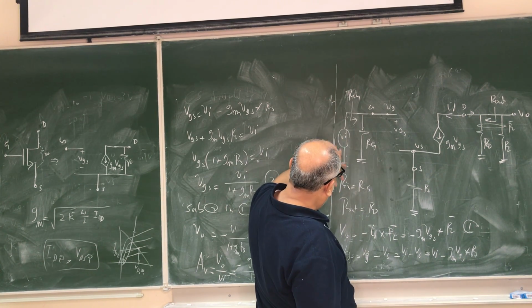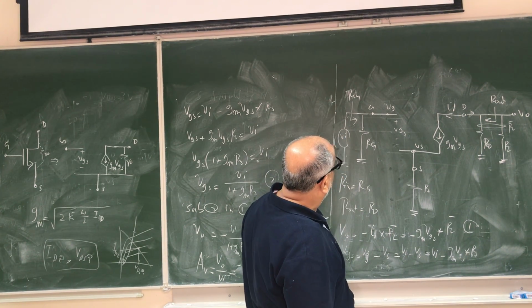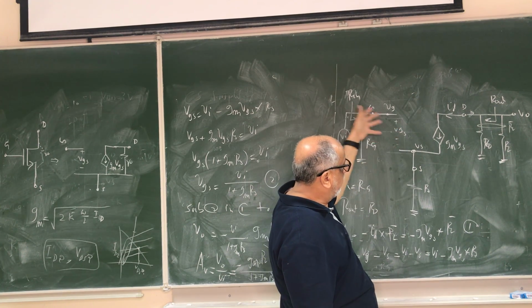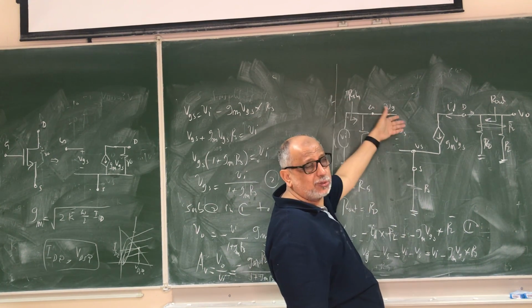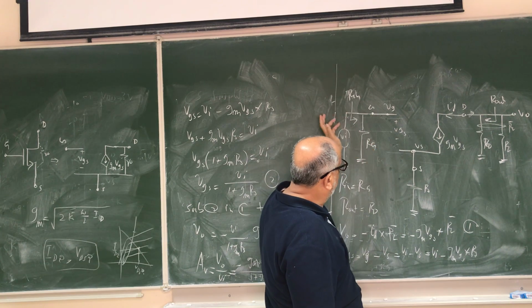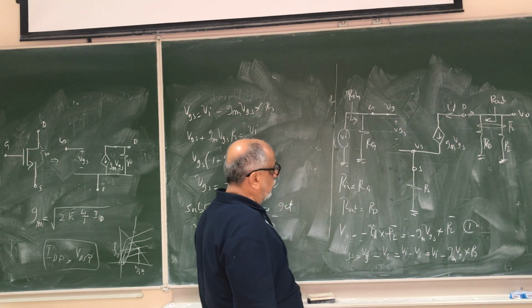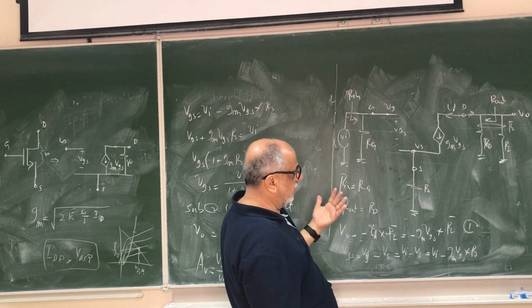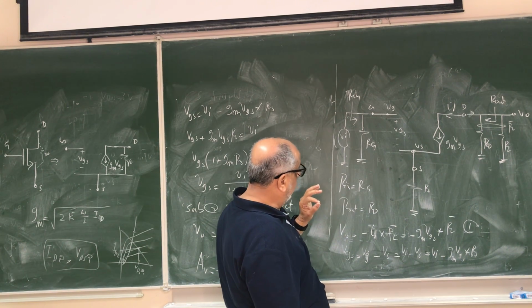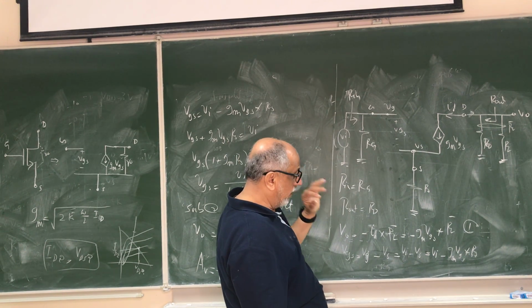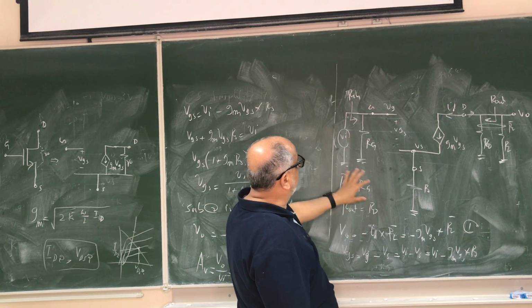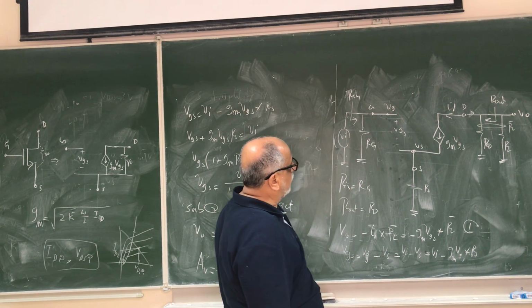Instead of 5 milli, 10 milli, we can go more than that. Lastly, the input resistance will remain unchanged, so there is no reflection here because there is no current. So the input resistance will be the same there. So it will reduce the gain, it will stabilize the bias point, and it will increase the input range, but it will not affect the input resistance here.